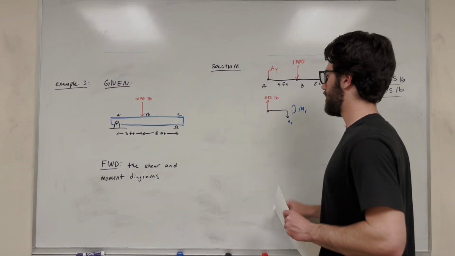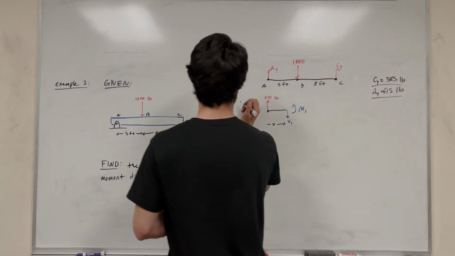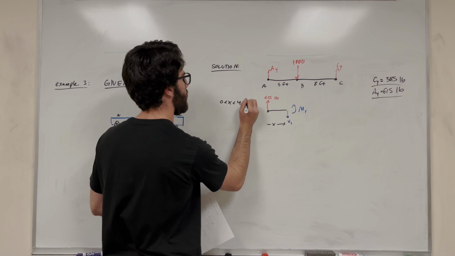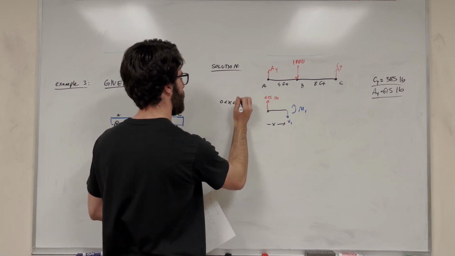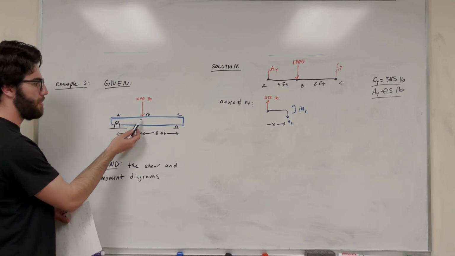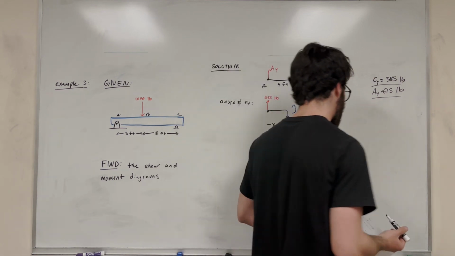And this distance is x. It's anywhere from 0 less than x less than 5 feet. This is good to label on your paper. This is basically saying we're in the section between A and B, where this cut is taking place.